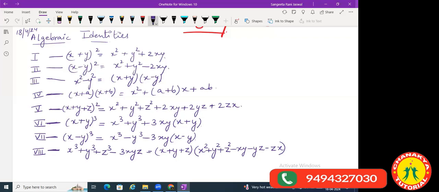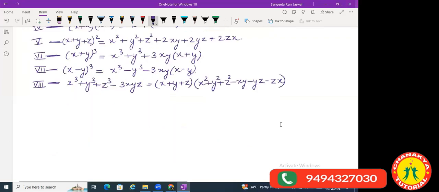Now, please learn one more rule here. I'm giving you two more identities. That is identity number 9: x cube plus y cube is equal to x plus y into x square plus y square minus xy.